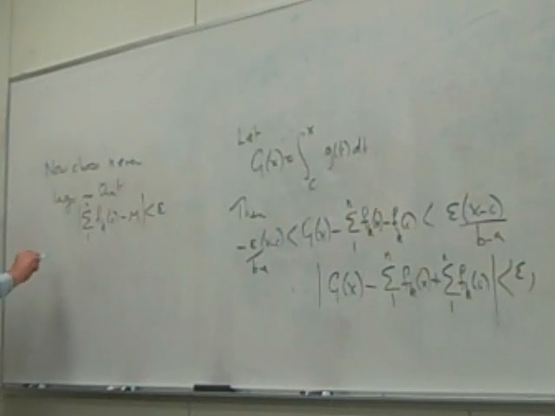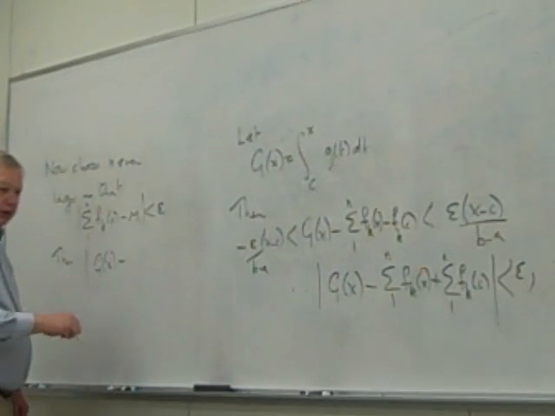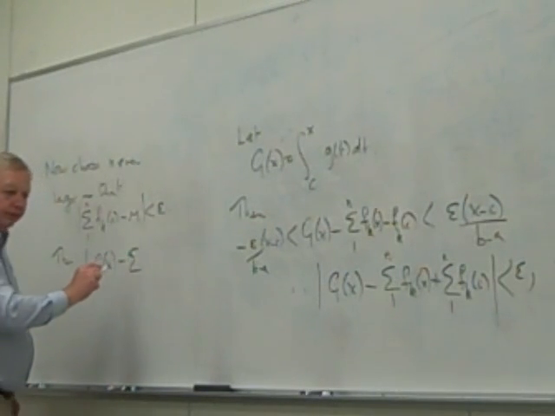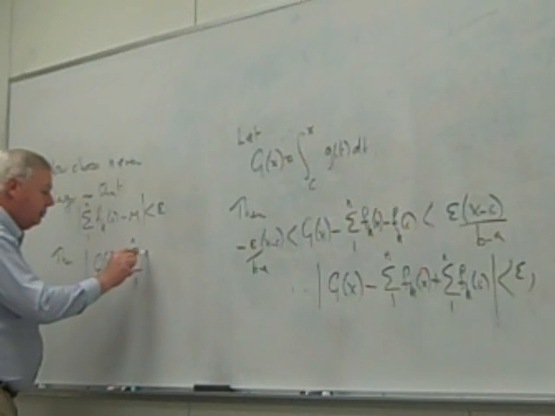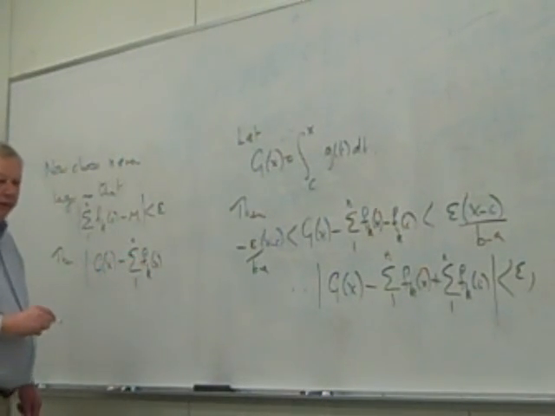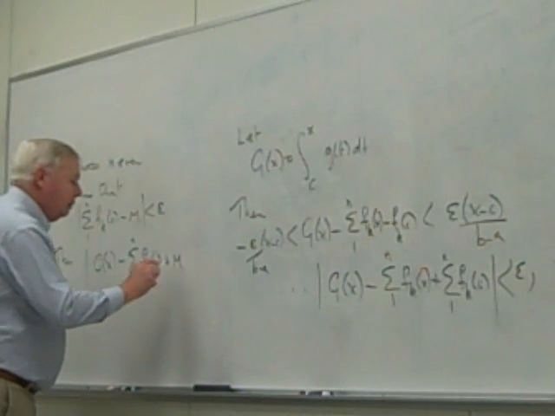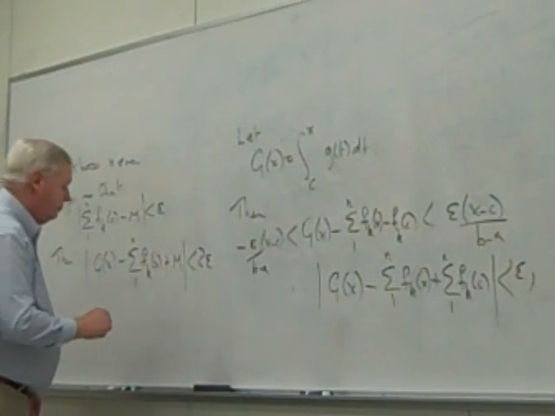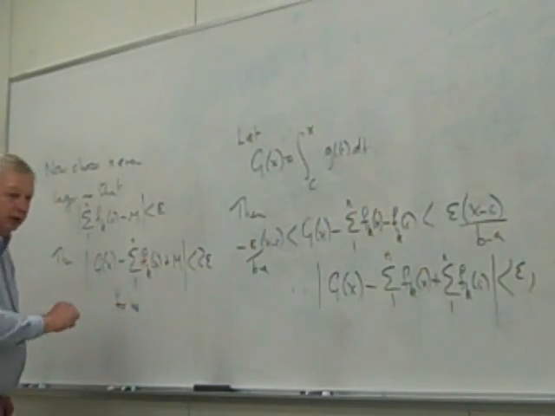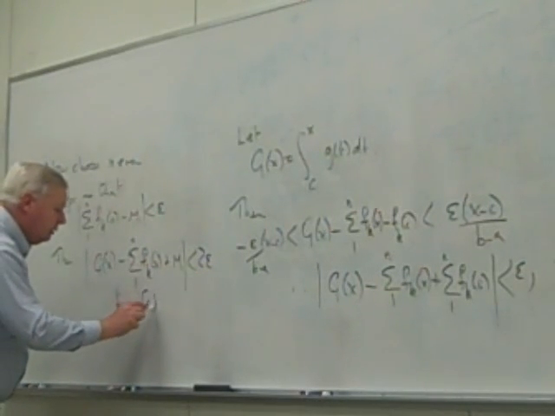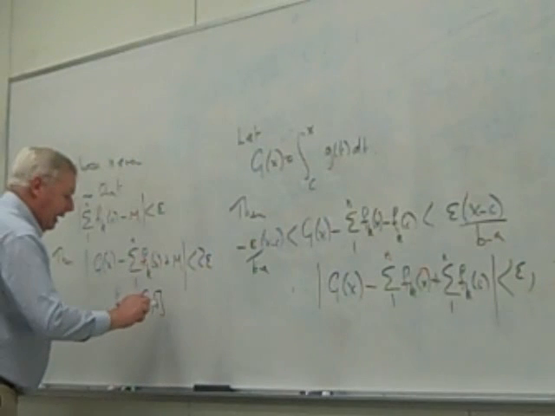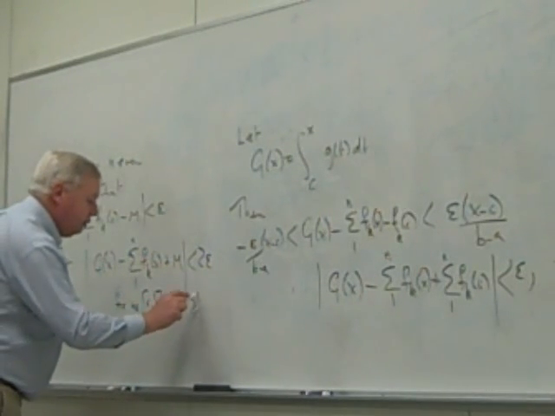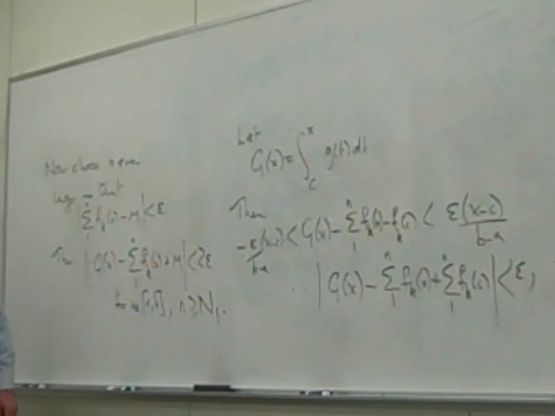Then by the triangle inequality, I have the absolute value of g of x minus the sum from 1 to n of fk of x plus m will be less than 2 epsilon for x in AB and n greater than or equal to some constant n1.